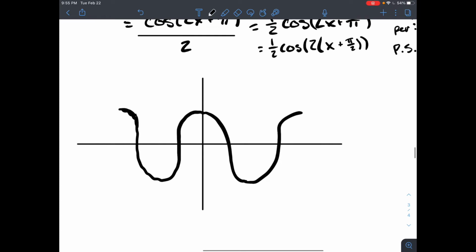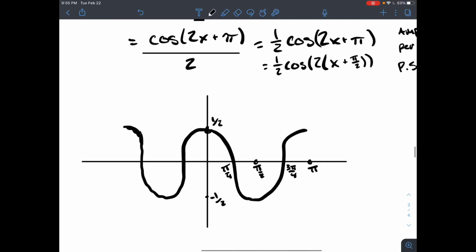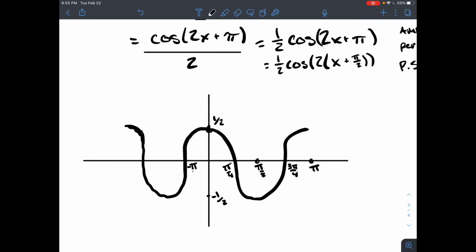That's alright. 1/2, negative 1/2, we label our critical points, pi over 2, pi over 4, 3 pi over 4, and then the negative versions. Oops, that's a 4.